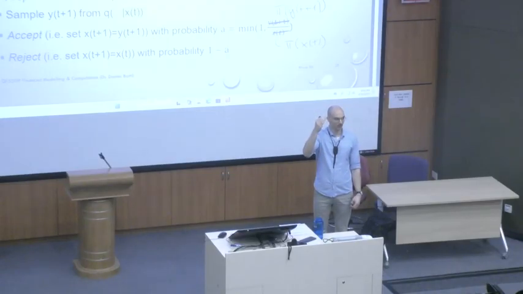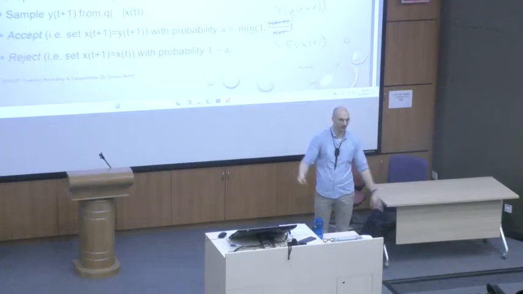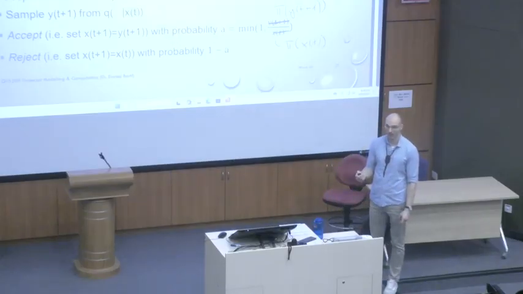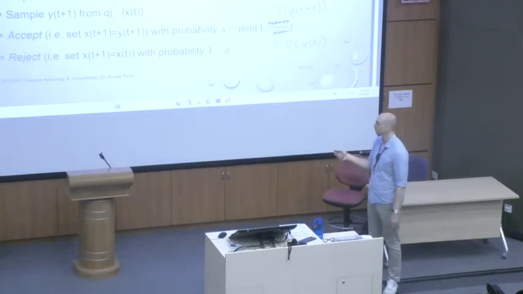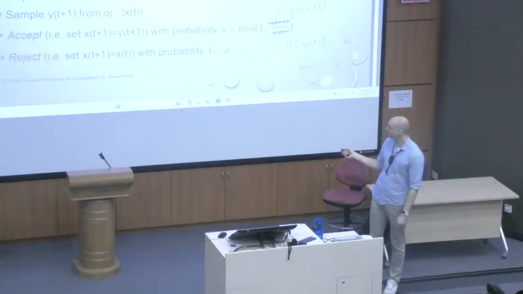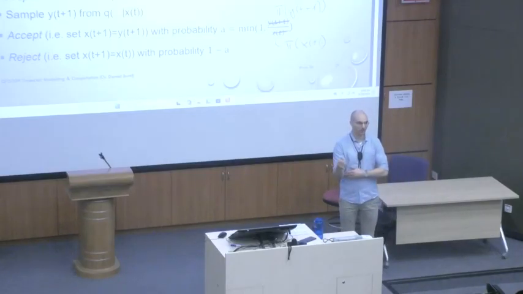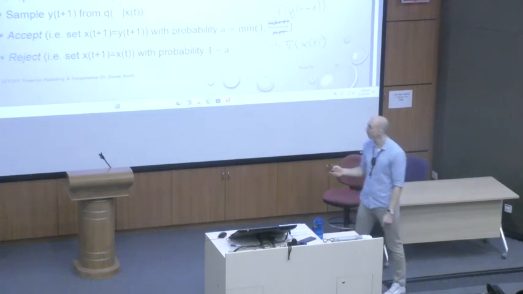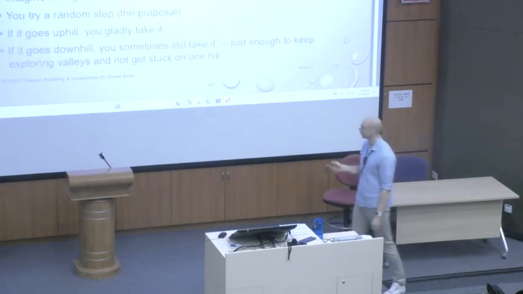If you just accept steps where the density is higher, and run it for a long time, you end up at the point which maximizes the density. What this does is keep a balance between maximizing density and at the same time exploring all the space. And what you can show now is the following.